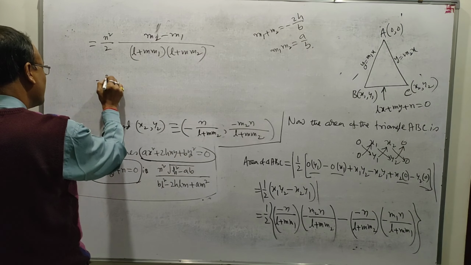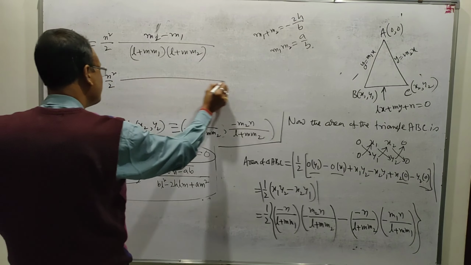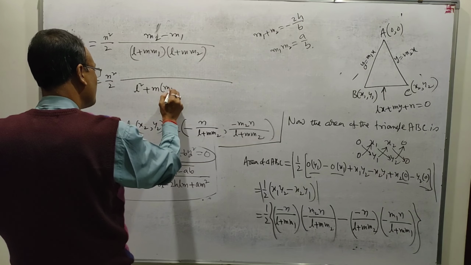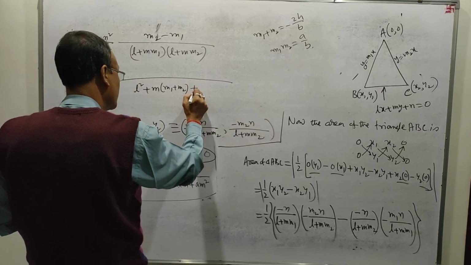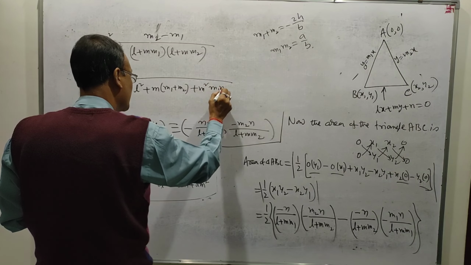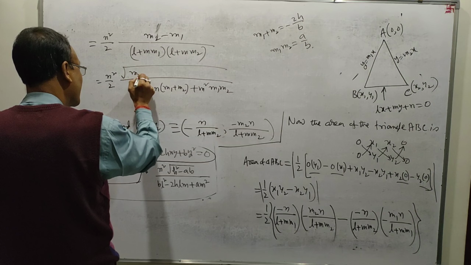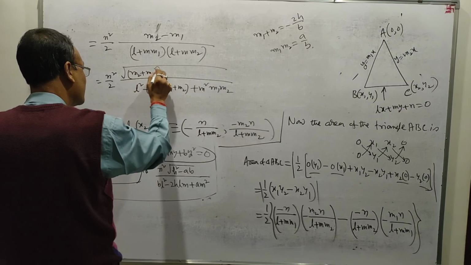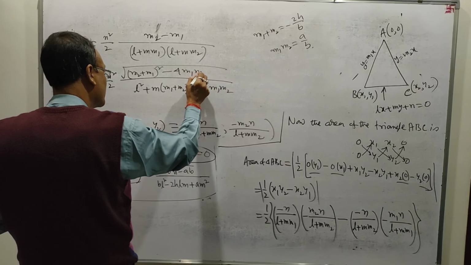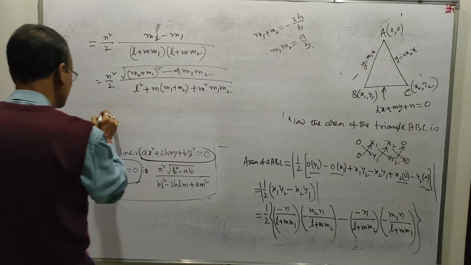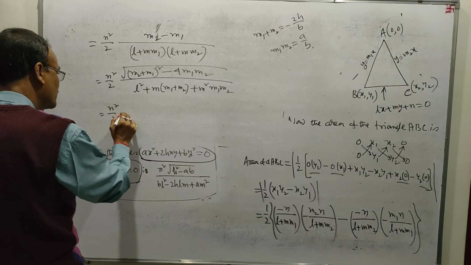This is equal to m square divided by 2. In the denominator it will be L square plus L m into (m1 plus m2) plus m square m1 m2, and in the numerator you may write (m2 plus m1) whole square minus 4 m1 into m2. This is equal to m square by 2.